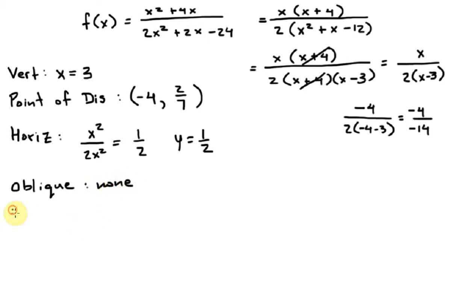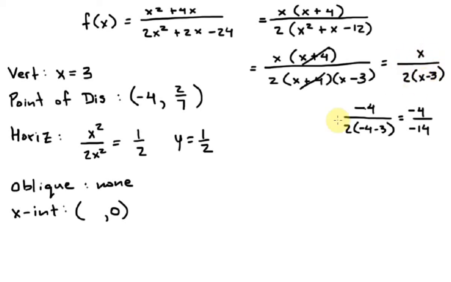So then, let's see if we have any x-intercepts. Now, x-intercepts are numbers such that the entire function turns to 0. Okay, I'm looking for the x's. If I made the top 0, then the whole thing would become 0.